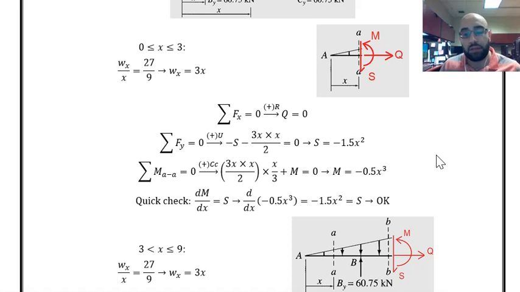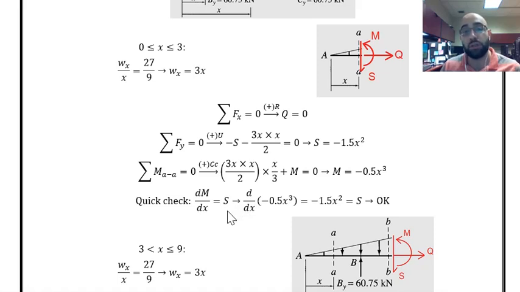And just for a quick check to see if our calculations are correct or not, based on the second method, we said shear force at each point is equal to the derivative of bending moment with respect to x. Later we will use this for solving other problems, but over here, just as a quick tool for checking our equations, we can check this by finding the derivative of bending moment with respect to x, and that should be equal to s, or shear.